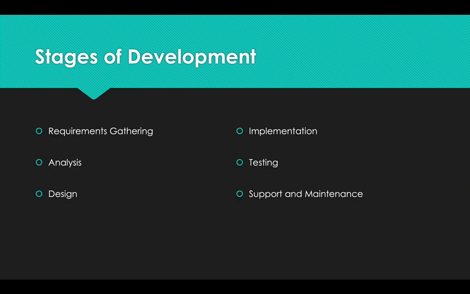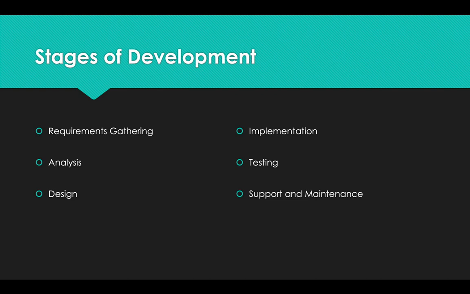So these stages of development, or major milestones, are requirements gathering, where you go to the client and understand exactly what you're trying to build. Analysis, where you try to understand what the existing functionality of the system is and build a technical specification that reflects what the client asked for.